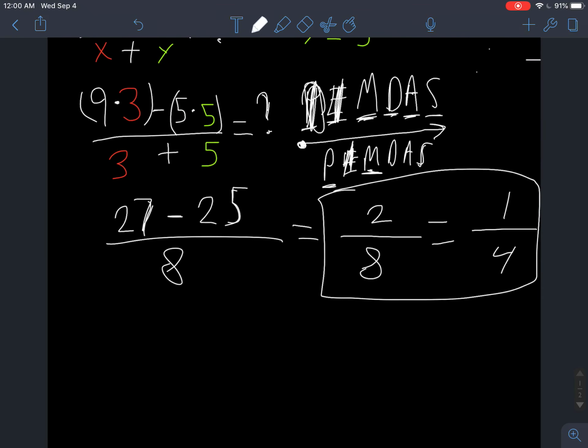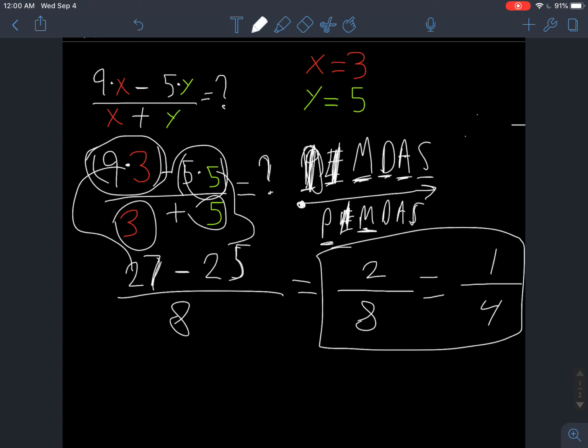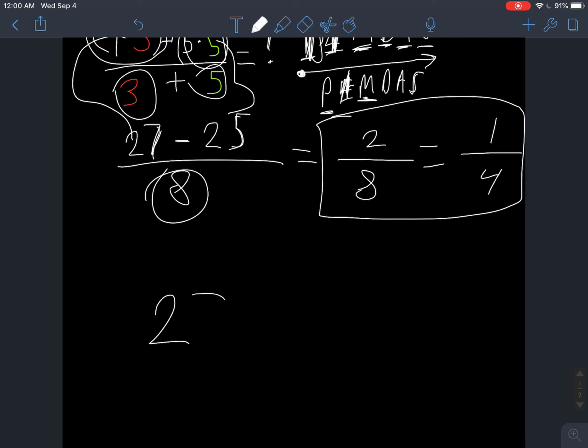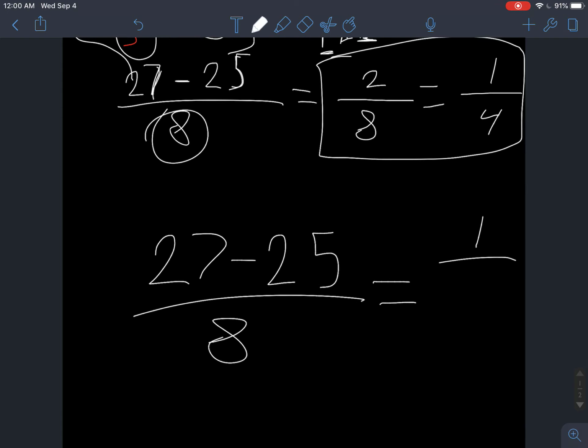But all we did, the 9 times 3 becomes a 27, and the 5 times 5 becomes a 25. 3 plus 5 is 8, okay? So you end up with 27 minus 25 over 8 equals 1/4.